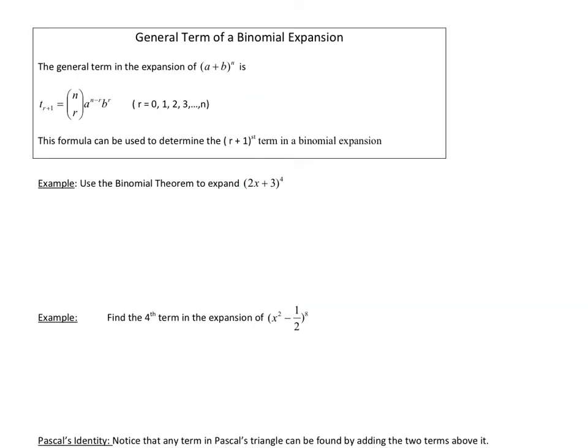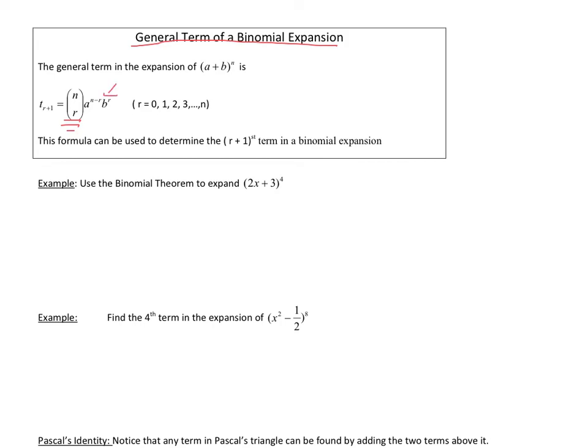So when we talk about the general term of a binomial expansion, what we mean is that any term along the list of all the possible terms in an expansion of a plus b to the n, in general, can be found by taking n choose r and multiplying by a to the n minus r and then b to the r.